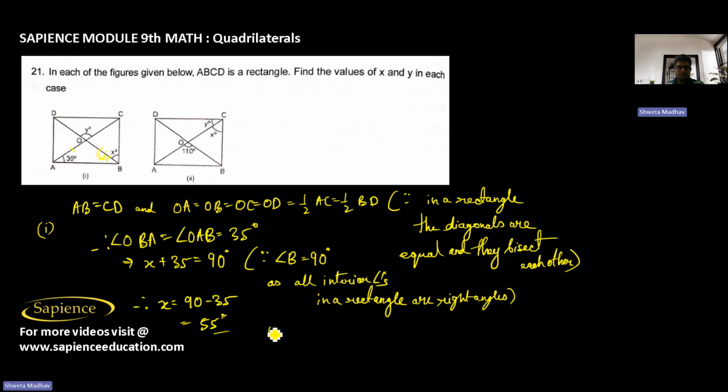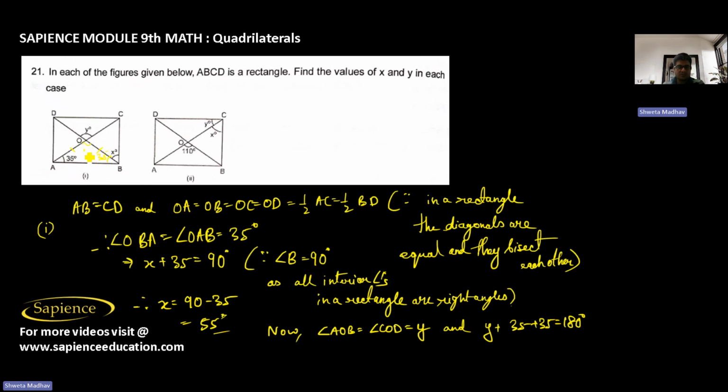Now we can see that angle AOB is equal to angle COD, which is equal to y. Also, y plus 35 plus 35 should be equal to 180, since the sum of all three angles in triangle AOB is 180 degrees.